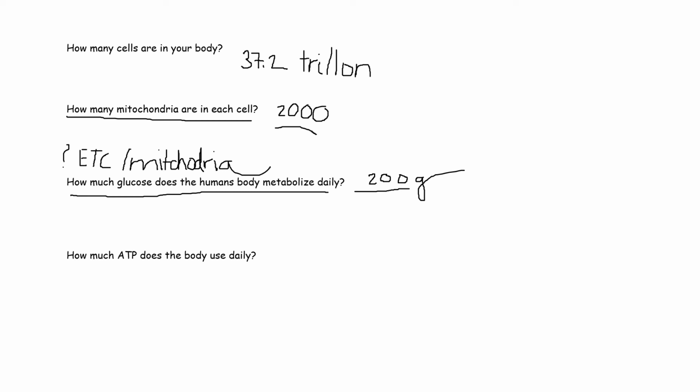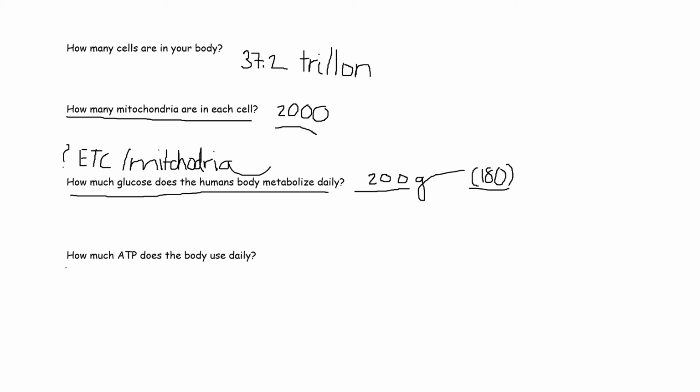What I was thinking of was the molar mass of glucose. That's about 180 grams per mole. So the average human is metabolizing a little over a mole of glucose.